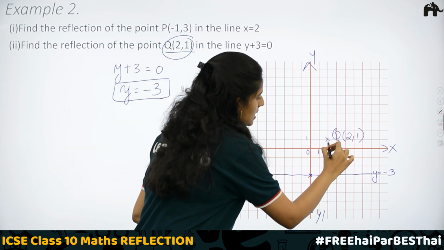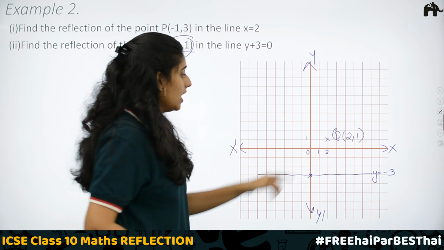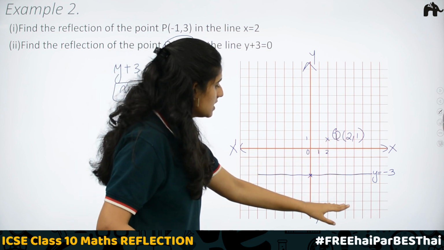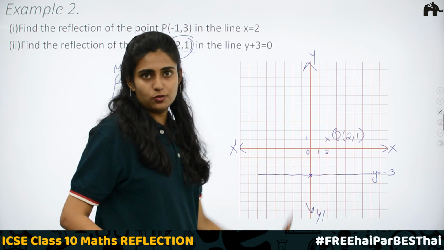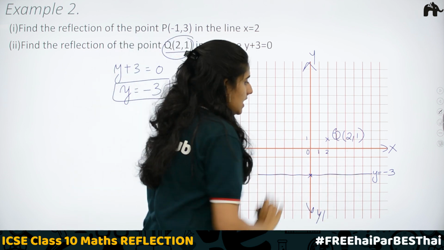This point is at a distance of 1, 2, 3, 4 units. Okay. Therefore, the image will be formed here, and the image will be at a distance of 1, 2, 3, 4 units towards down. Let us see.